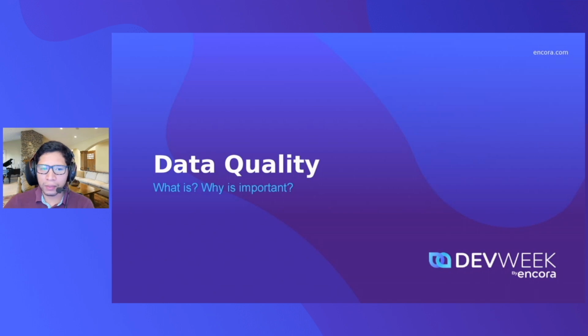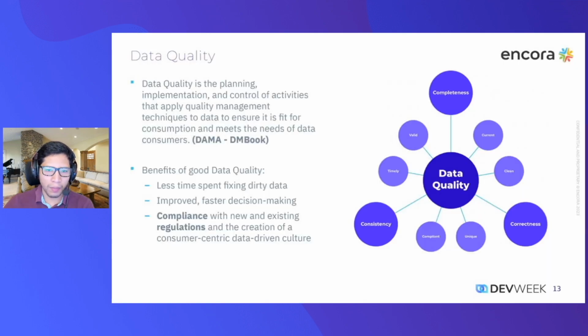Finally, data quality, what it is and why it is important. So data quality, according to the DAMA book, is the planning, implementation, and control of activities that are applied to have a high bar of excellence in our data.